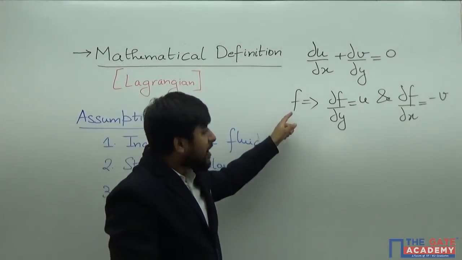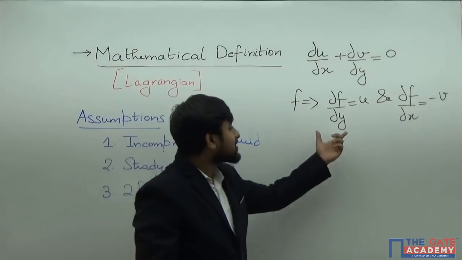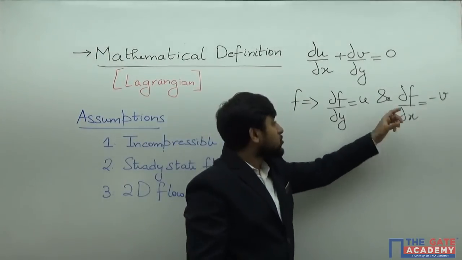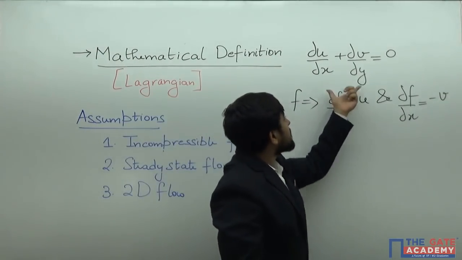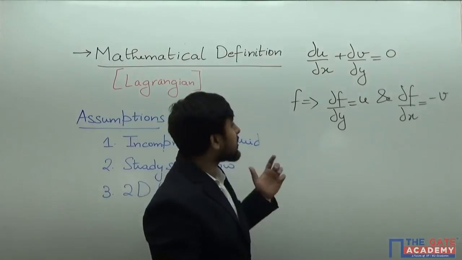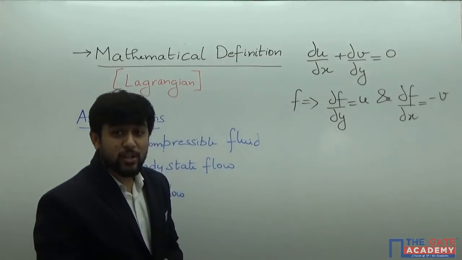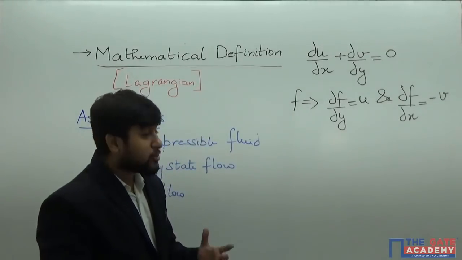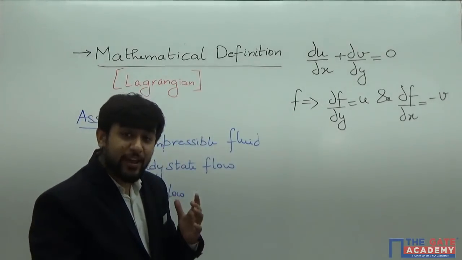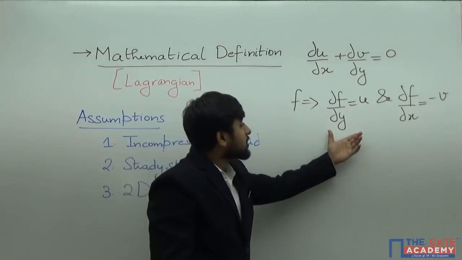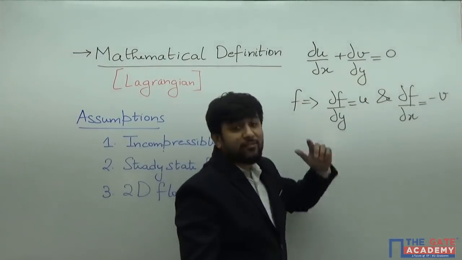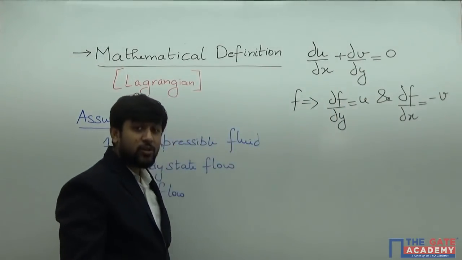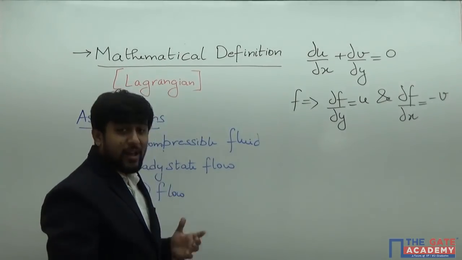Now if f exists, that is, if these definitions are valid, then when we substitute these quantities into the left hand side of the continuity equation, the left hand side should become 0, right? The continuity equation must be validated. So let us see, if we substitute these values into the left hand side of the continuity equation, whether the continuity equation is valid or not.